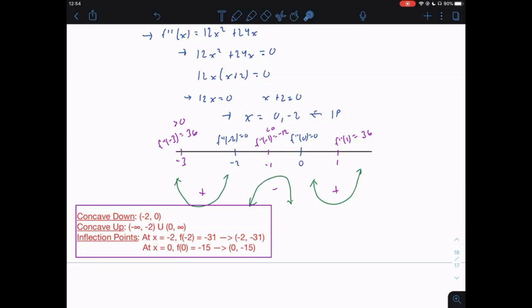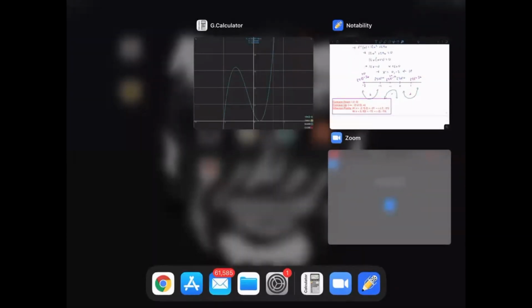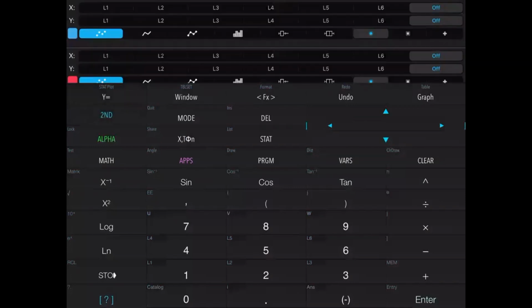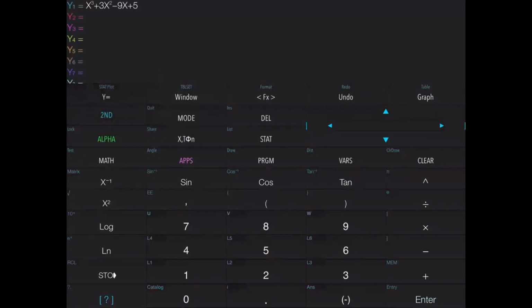And again, let's visualize this here. All right, so here we have that old equation, x to the 4th plus 4x cubed minus 15.